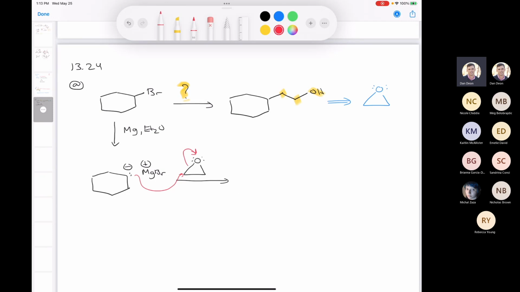And we're going to open up that epoxide, and we're going to end up with this compound where we've added 2 carbons, and then we have an alkoxide hanging off the end. So to protonate that, you could use H3O+, you could use H2O. We'll just put H2O or H3O+. Either one is perfectly fine with me.